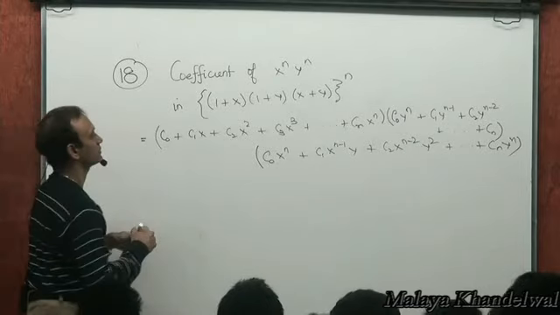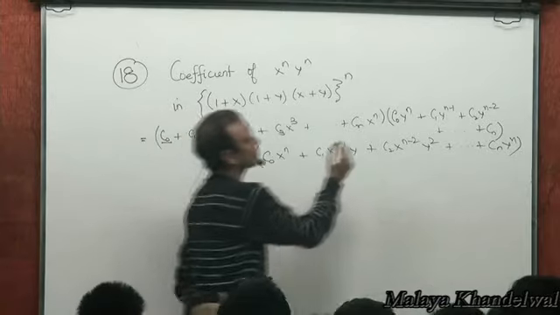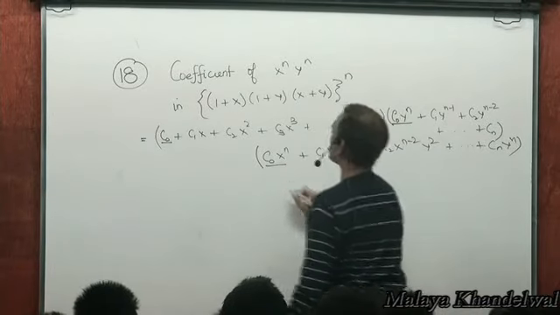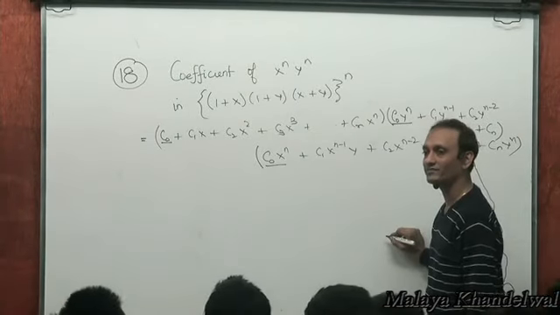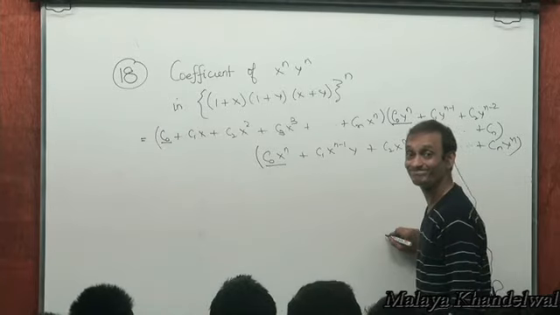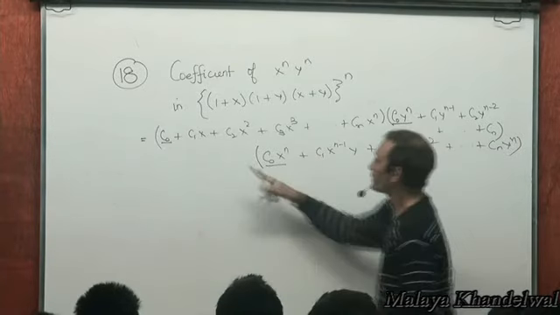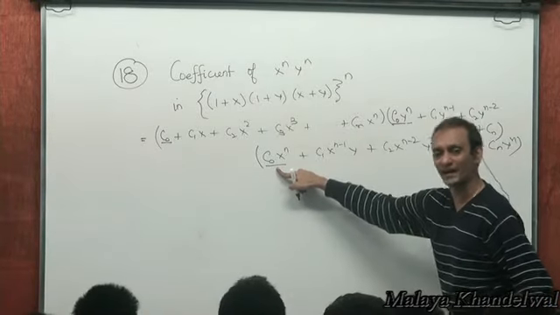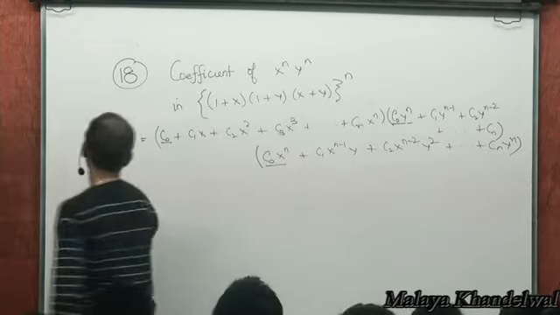Right? Hey, look. I take this into this into this. Do I not get x power n, y power n? That is c0 cubed, isn't it? This into this into this, c0 cubed, x power n, y power n, right?